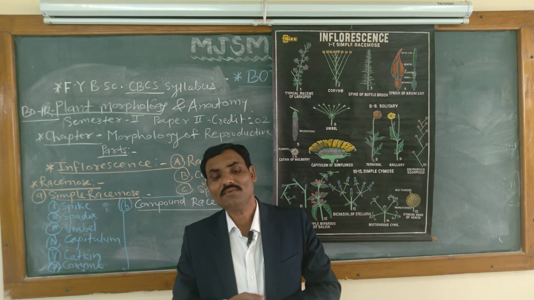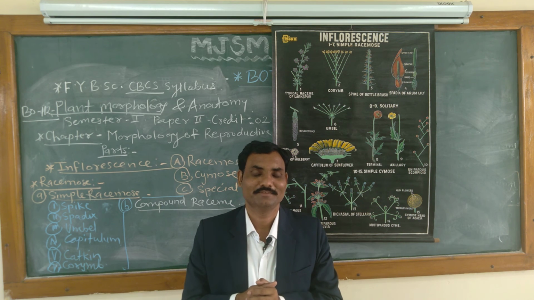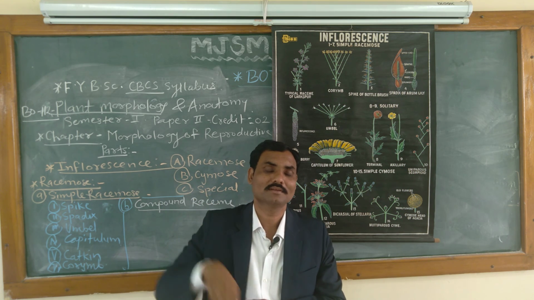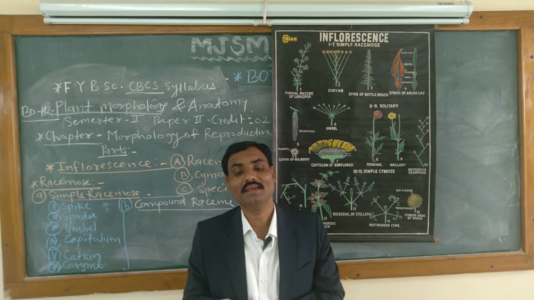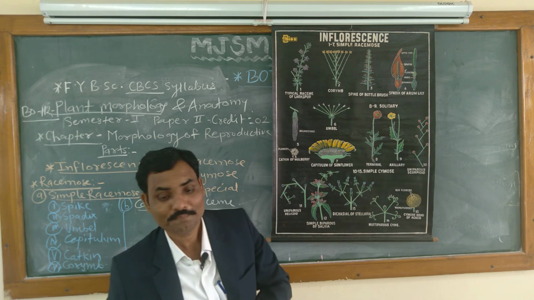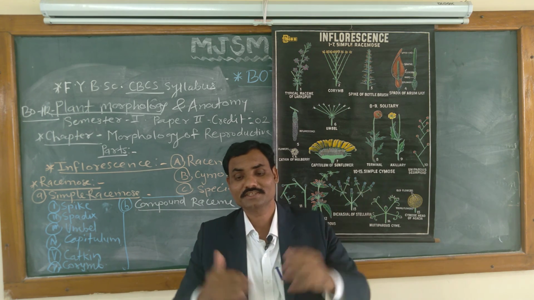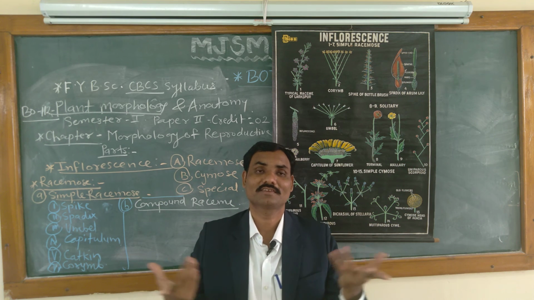Then in catkin inflorescence, it is a pendulous spike, hanging, with the main axis elongated. The main axis is elongated. It bears naked pistillate or staminate flowers.